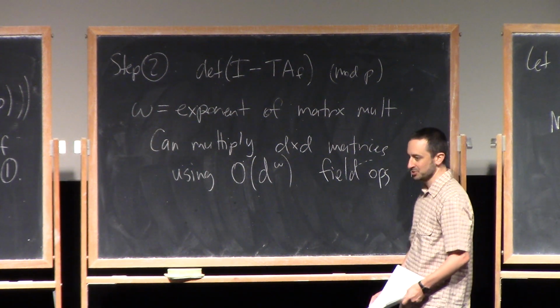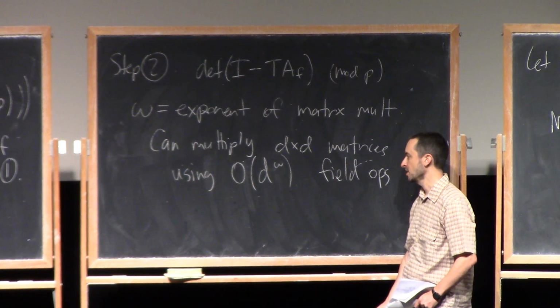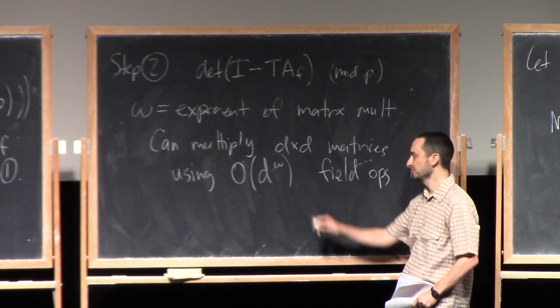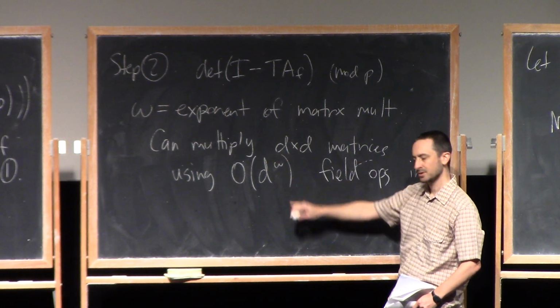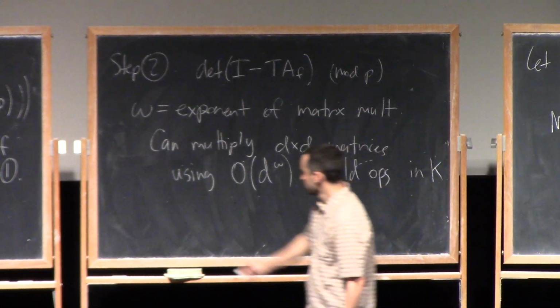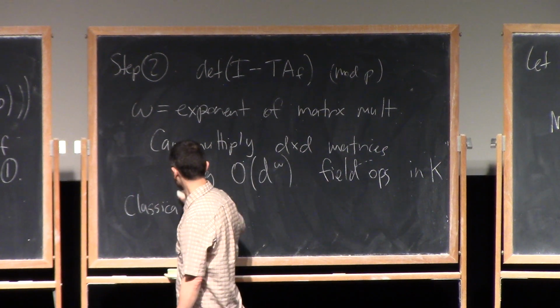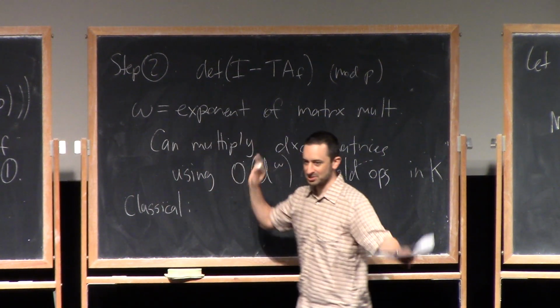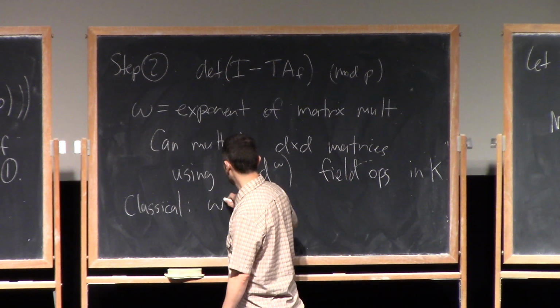I should warn you, in the literature there are some slightly different definitions of omega floating around. Sometimes people want this to hold for omega plus epsilon, for any epsilon bigger than 0, or something like that. I'll just stick with this simple definition. So the classical algorithm, if you just multiply out the matrices the way that you learnt in first year linear algebra, omega is 3.